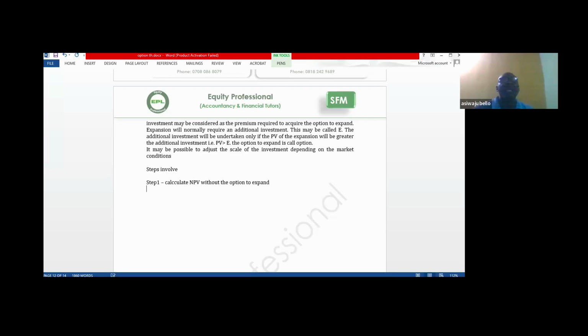Step two: calculate the value of the call option.